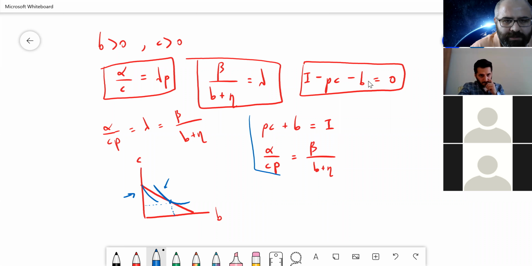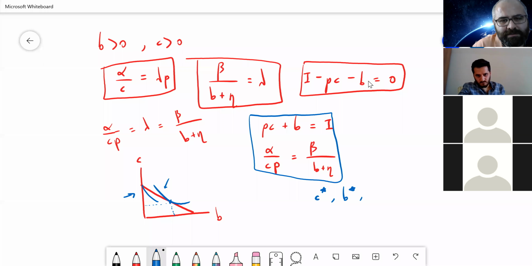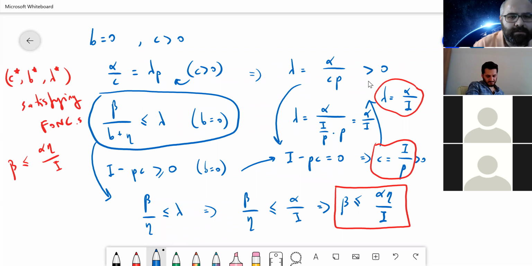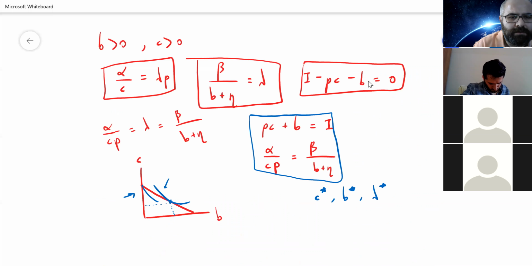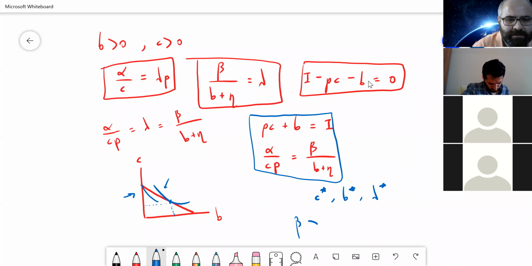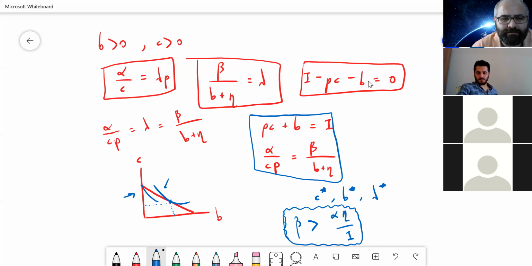So you can solve these two equations. And this solution gives you, again, C star, B star, and lambda star. And now the condition you will find will be this. It will be beta strictly greater than alpha eta over I. And you see the importance of this right now, right?